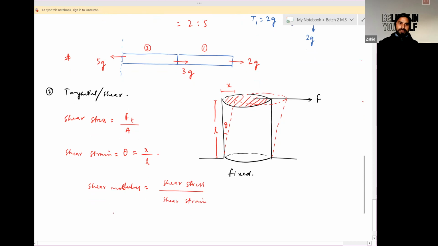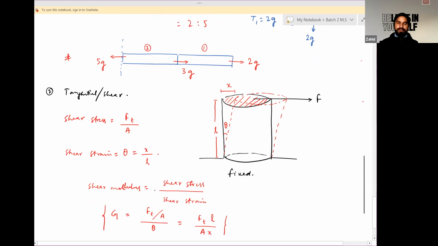Shear modulus is represented by capital G equals F tangential divided by area of cross section, whole divided by theta, or it equals F tangential into length divided by A times X.